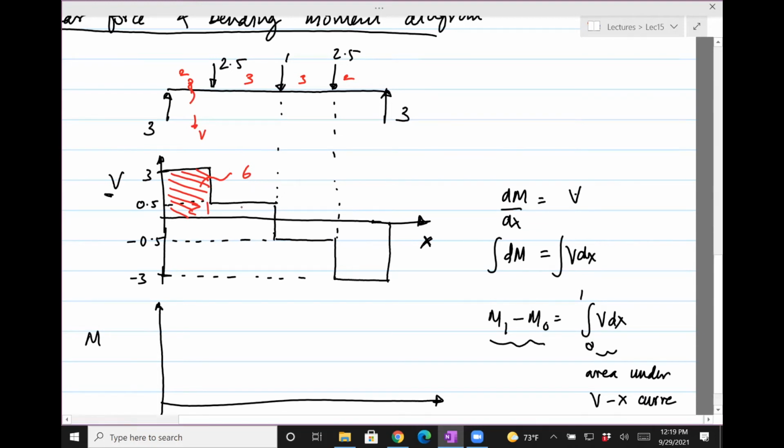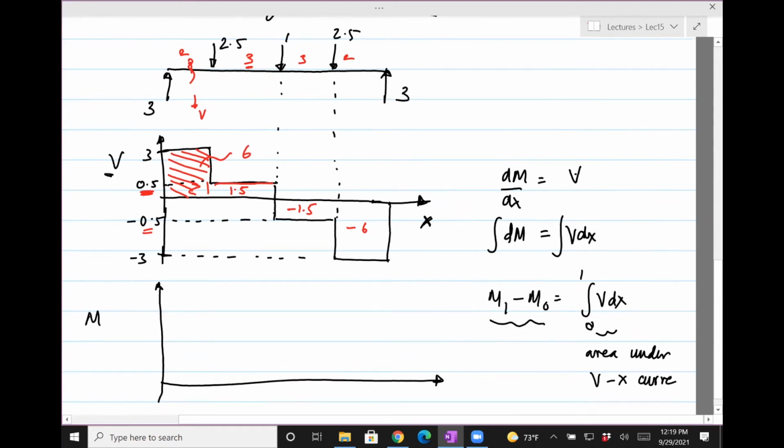And then the area over here is going to be 0.5, which is the height, times the width. So 3 times 0.5 is 1.5. And then the area here is minus 1.5, just because the coordinate is negative. And then the area here is minus 6.